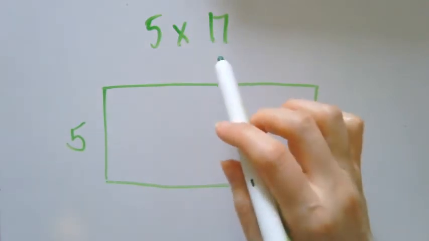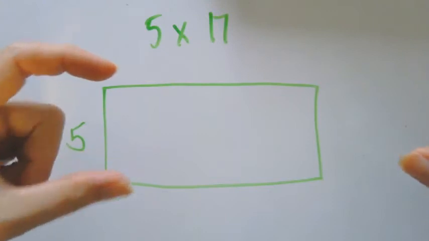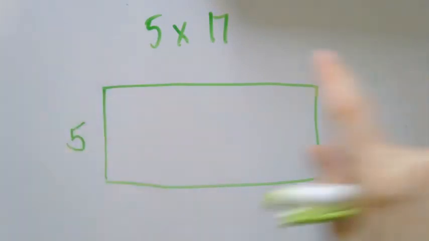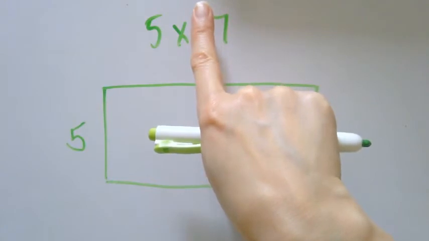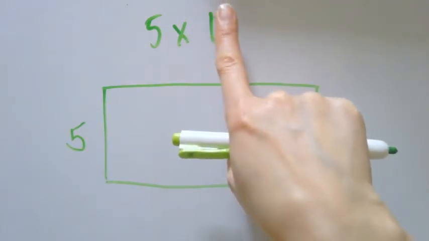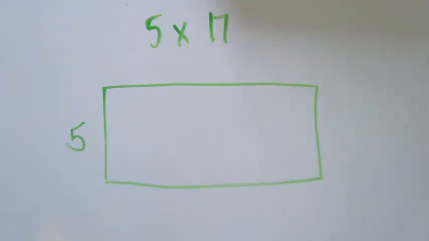I know my 17, I need to decompose and split it up into that place value. So looking at my right side, value of 7, 7 ones. And that 1 in the tens place represents 10. So if you know what the place value represents and what that number represents in that place value, you can decompose and separate by place value.